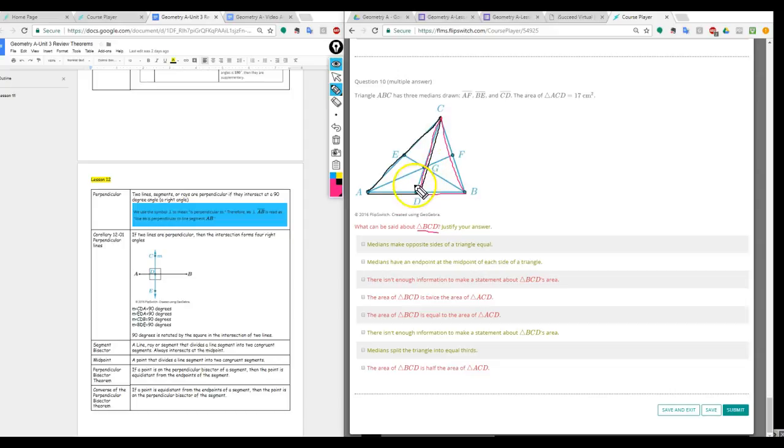We know that the median from C to D cuts AB in half, so this segment and this segment are the same length. And then it is given that this is 17 centimeters squared in area.